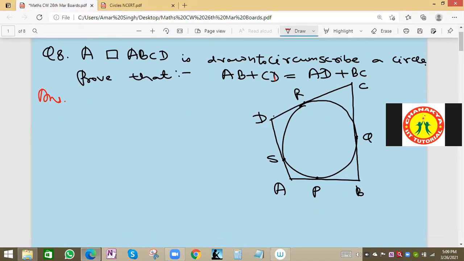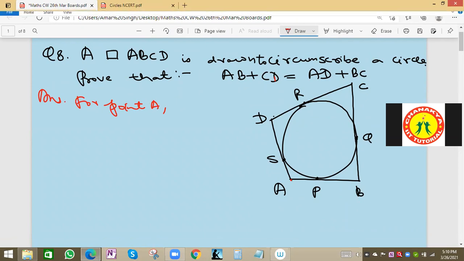So if we see here, 4 points, you can also solve and let me also solve side by side. Point A will be an external point, so these two will be tangents, AP and AS. So AP equals AS.